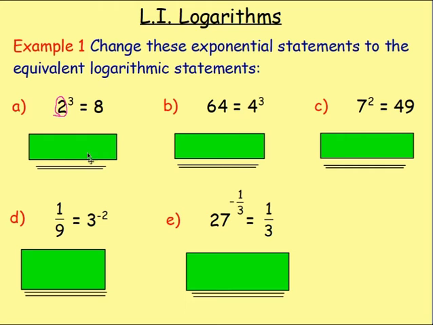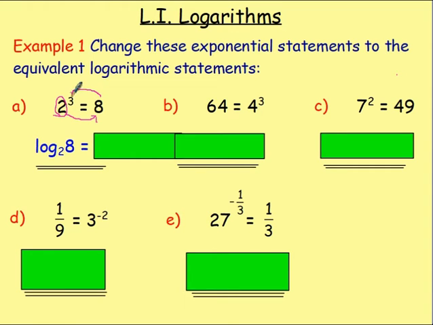So writing this in log form, I'm going to have log base 2. After that, base bottom top, draw a line in the bottom across to the other side, and I've got an 8, so it's log base 2 of 8, and that will equal, draw a line then back at the top, the only number left there is 3, so log base 2 of 8 equals 3.